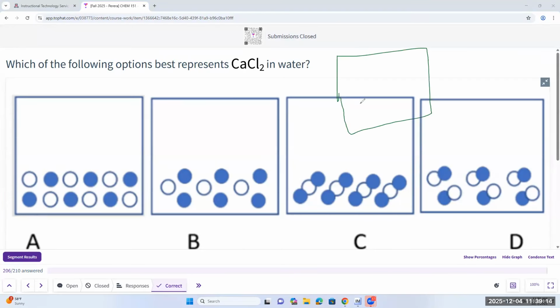If you draw a box, you're going to have calcium ions and chloride ions separated. Something like this. Make sure that you count the ions to match them.